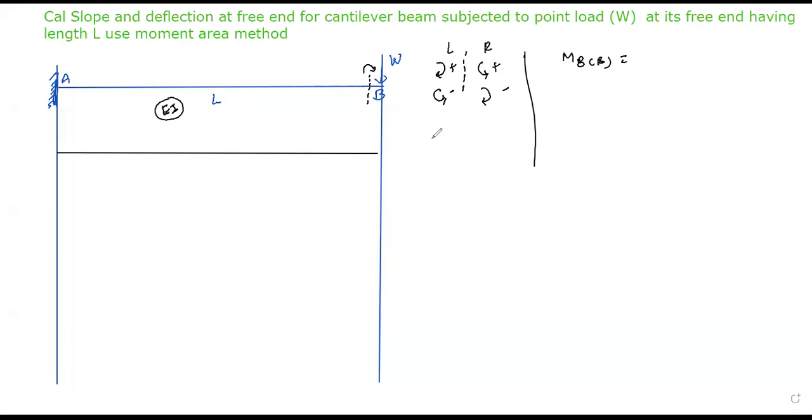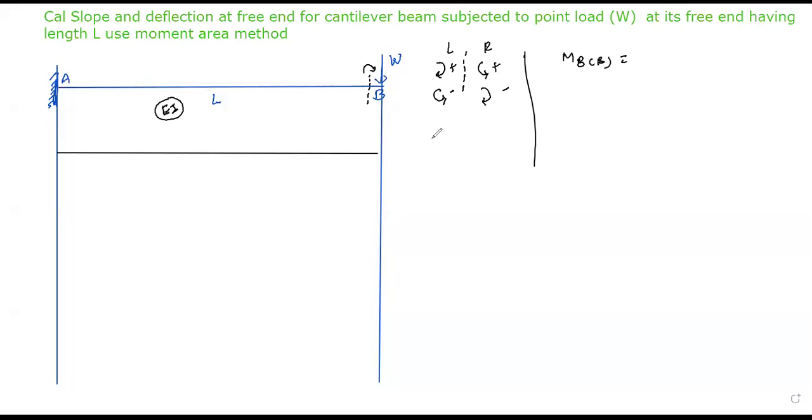Moment equals to force into perpendicular distance. Is there any distance available for that particular force? Is there any distance available for that particular force on point B? Just tell me. Now tell me what is the value of moment at point B. Y minus W into L. Is there a distance?